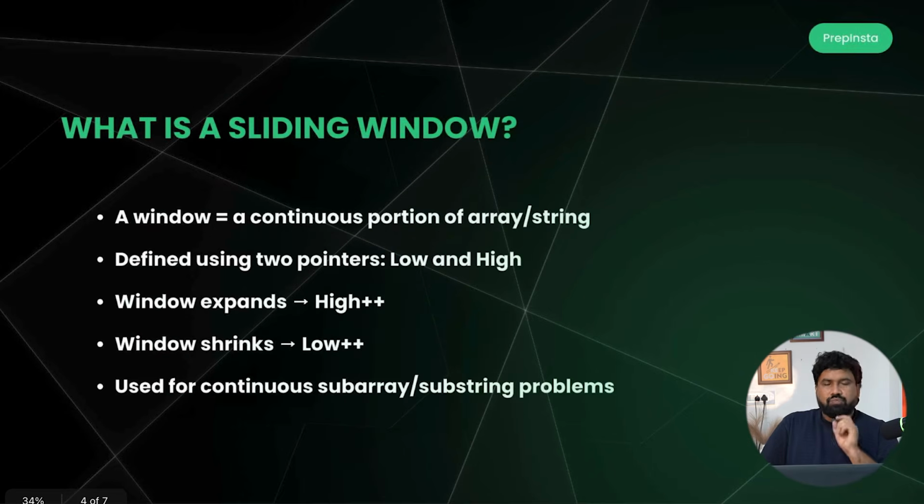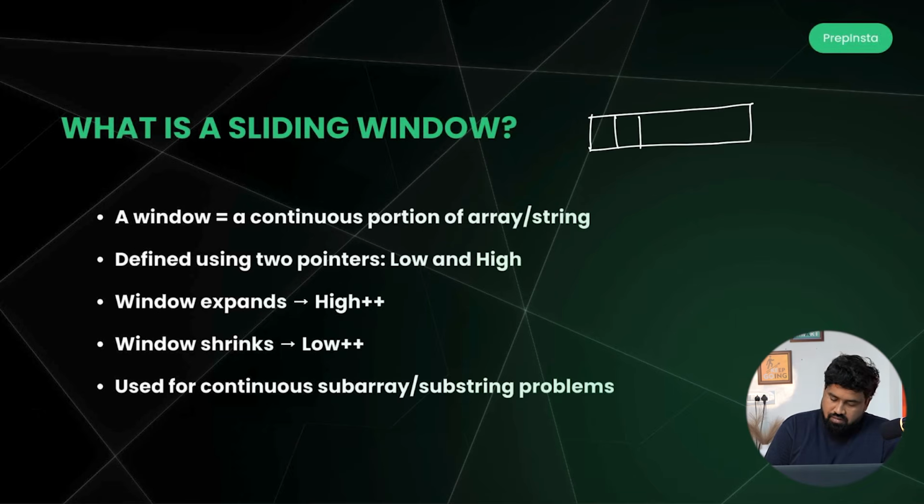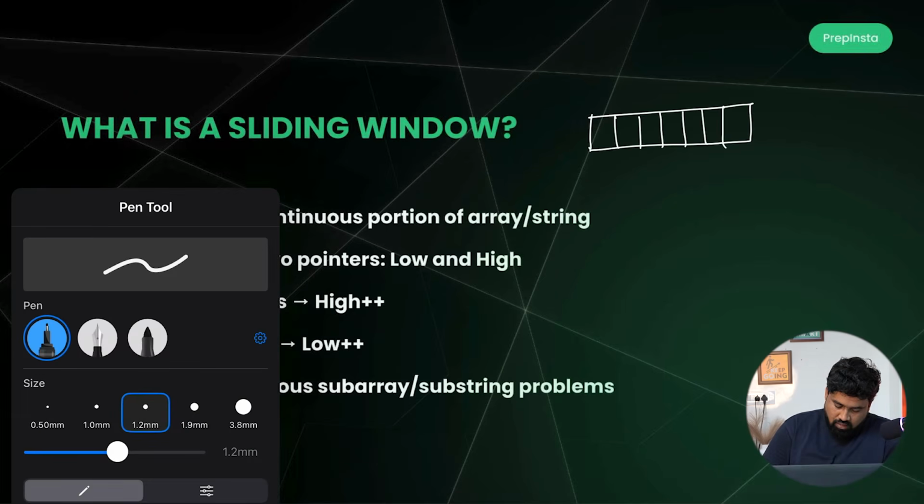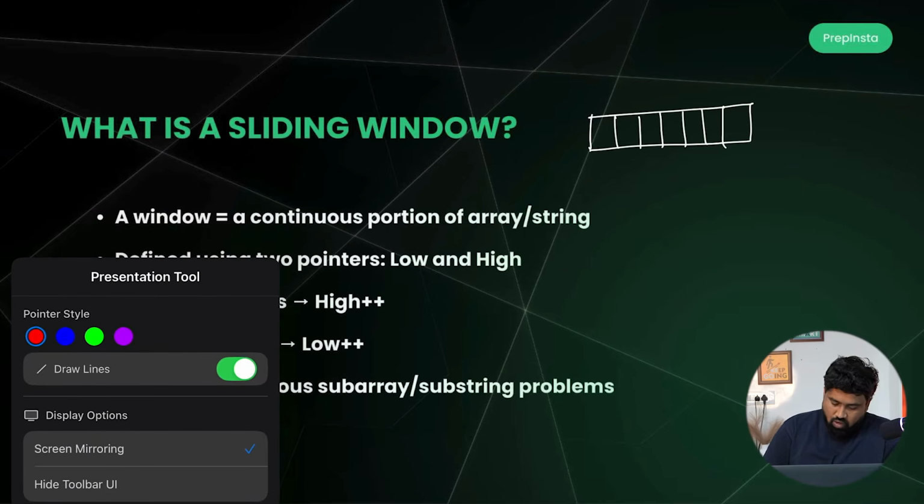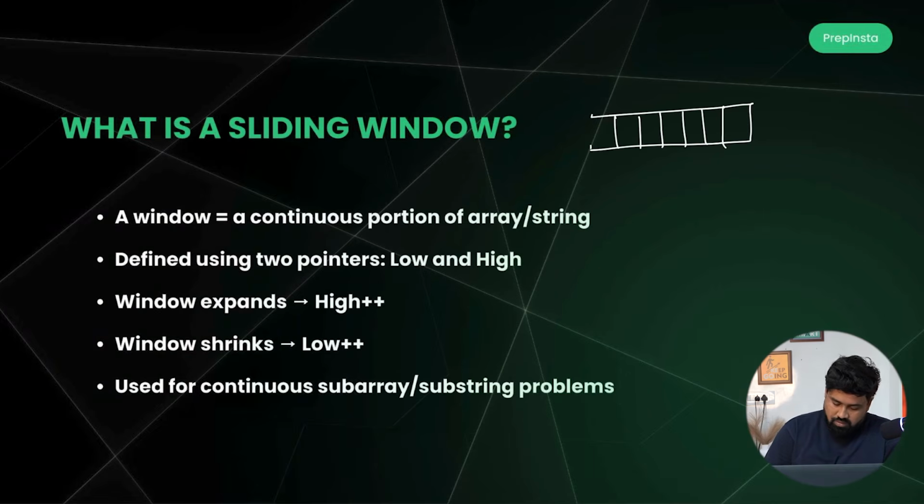The first one: what is actually the sliding window? Simply, if you take an array or a string, based on the requirement, we will create a window like this with a low value and a high value.